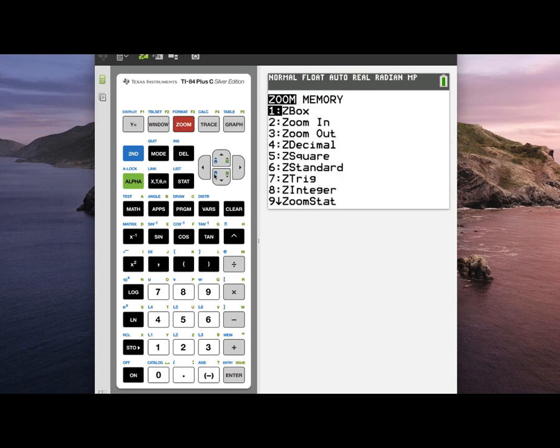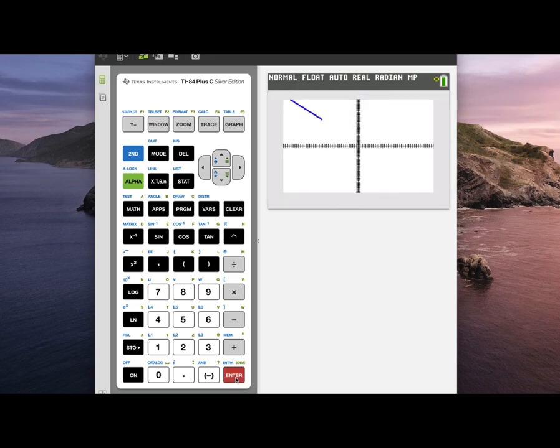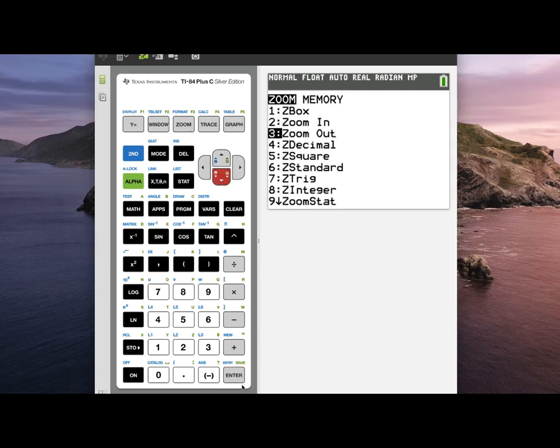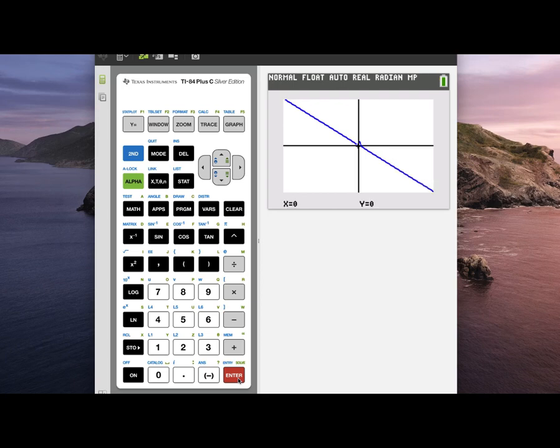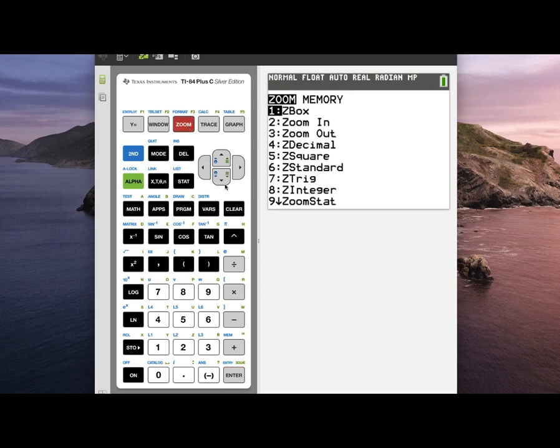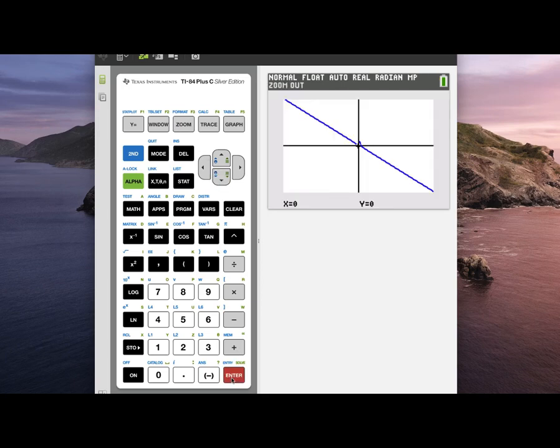But first, let's zoom out a little bit. If I zoom out, it looks like that. If I zoom out again, it looks like that. Let me zoom out one more time. Look at that. On that third zoom out, I can't even tell that anything different is going on besides the fact that I just have this negatively sloped line.